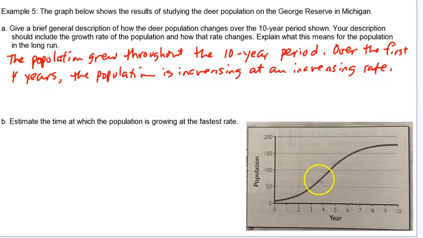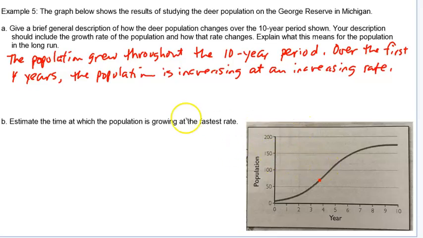In calculus this is referred to as an inflection point. It's kind of like after year 4, things start to change. It goes from concave up, meaning use the phrase up like a cup. It's not very pronounced, but you can kind of see it. And then after year 4, it flips over to concave down, the phrase down like a frown. So year 4 is where that change happens.